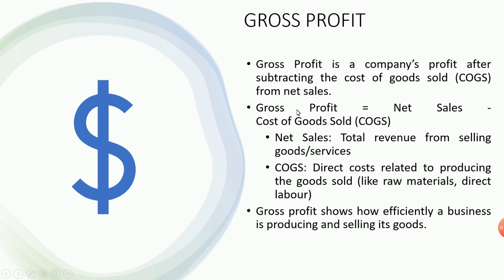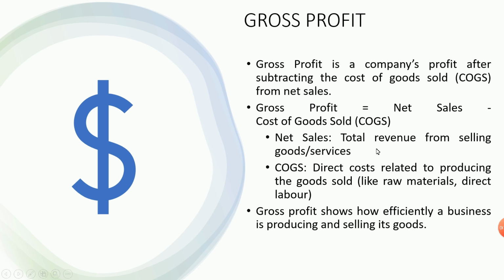Sometimes there is a possibility that the value could be negative also. Gross profit shows how efficiently a business is producing and selling its goods. Now we can take the example of big stars like Vijay and Rajini.